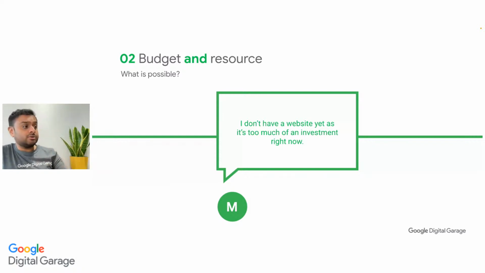So maybe right now, you can see here on screen with Max's response, I don't have a website yet as it's too much of an investment right now. That's fine. But what I'd say to steer clear of is thinking that you've got a lot of budget and a lot of resources, when in fact you don't necessarily have that yet.